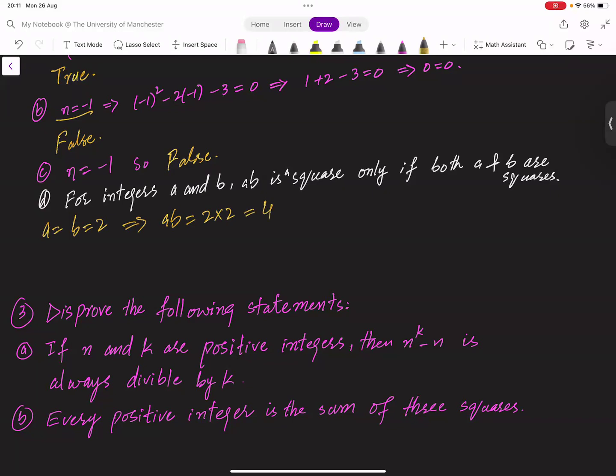So a, b are not squares while ab is. So the answer is false.